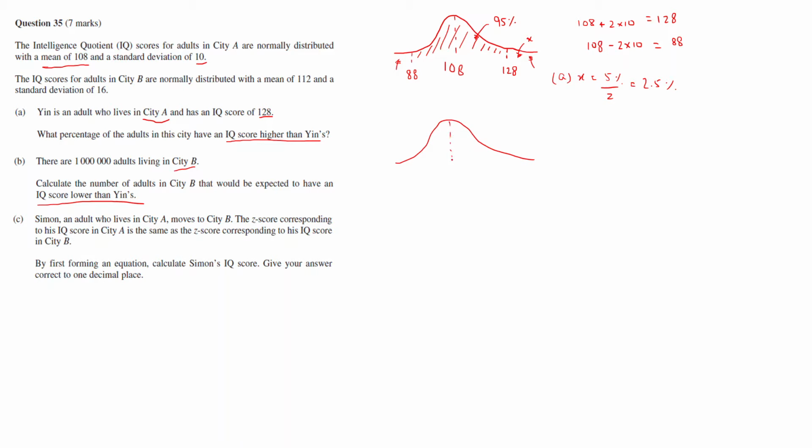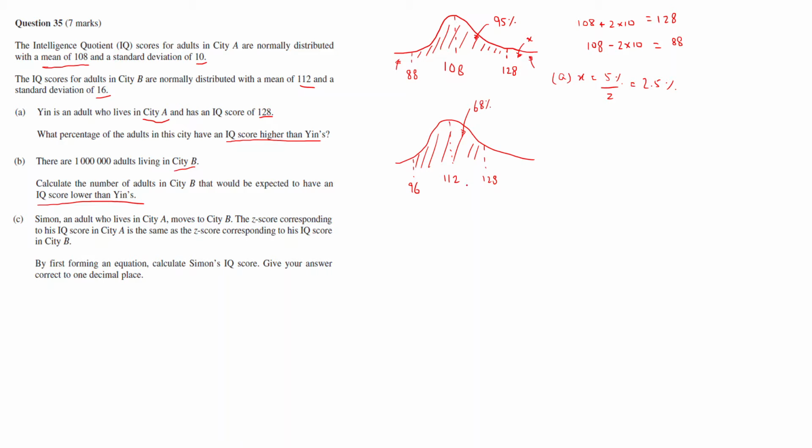So the mean for city B is 112, and if you add 16 over here, it takes you to 128. 16 is the standard deviation, 112 is the mean, and if you remove 16 over here, it takes you to 96. Okay, so this is one standard deviation. Empirical rule says that within one standard deviation, 68% of the values lie.